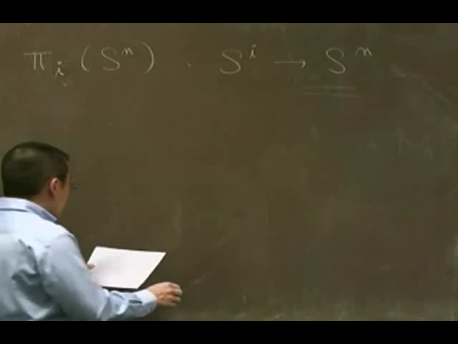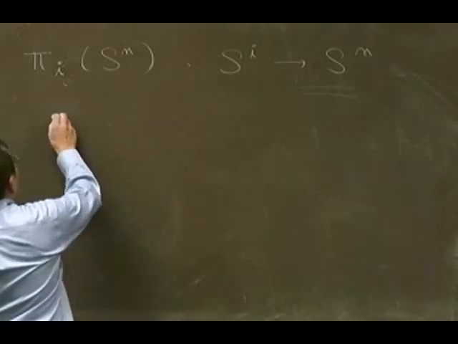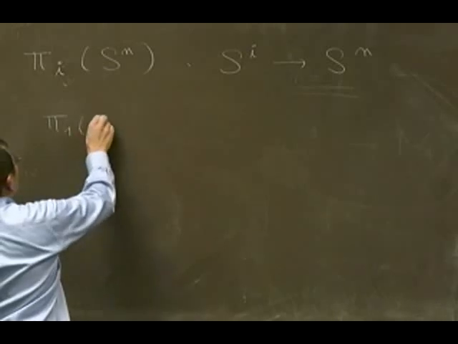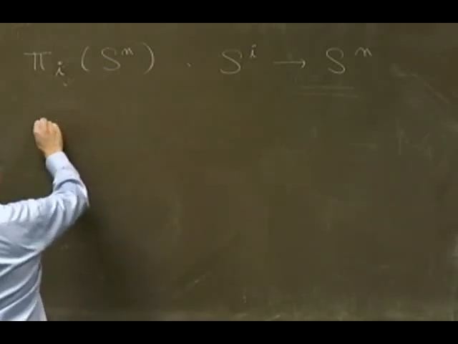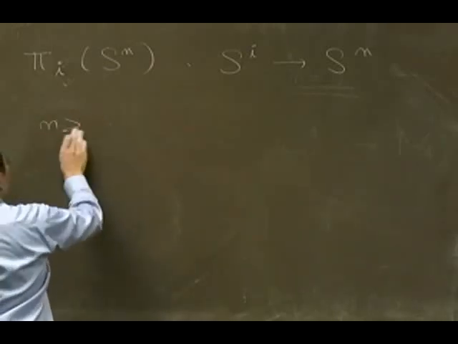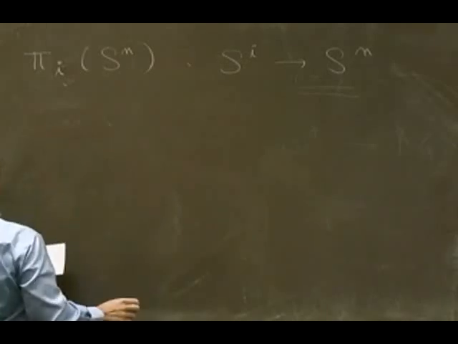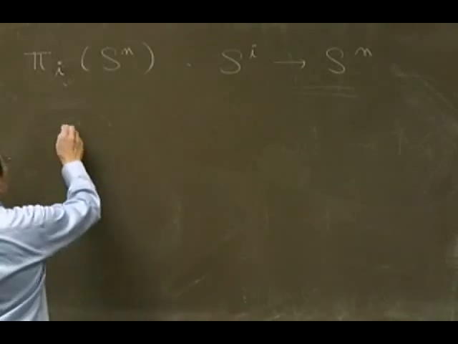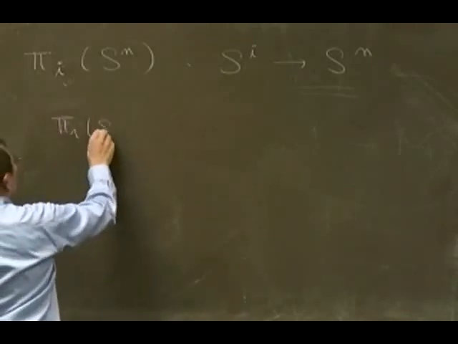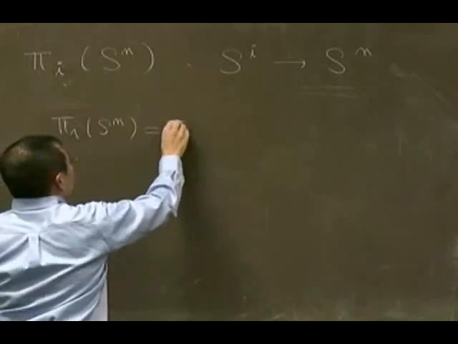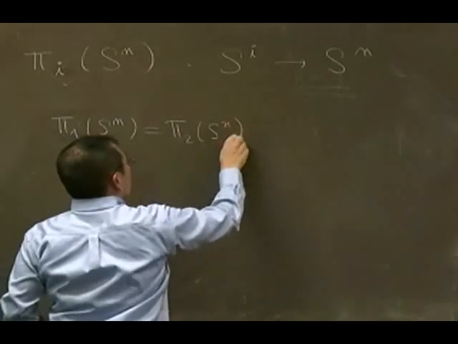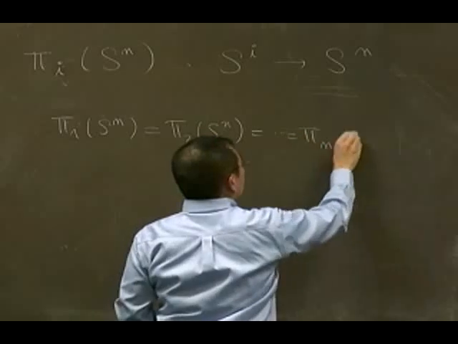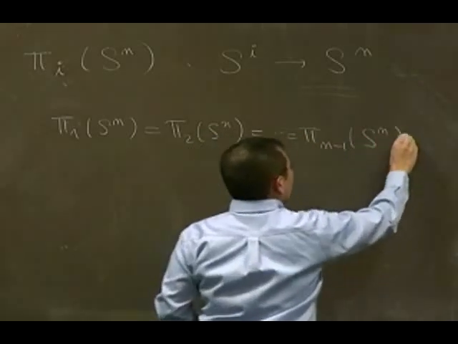So in fact, let's say that n is greater than 1. The n equal 1 case we already talked about. Then you can show that pi 1 of Sn, pi 2 of Sn, all the way to pi n minus 1 of Sn are all trivial.